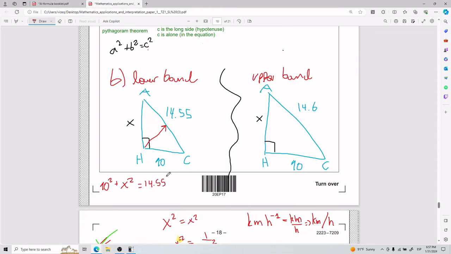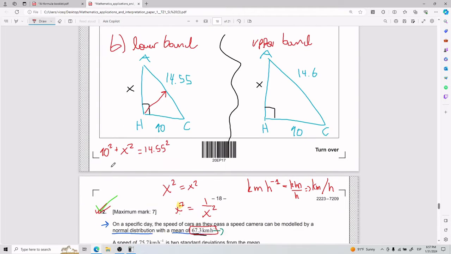And if I leave x alone, it would actually be x squared equals 14.55 squared minus 10 squared. If I apply the square root to both sides, this goes away with this, and I end up with x equals that.